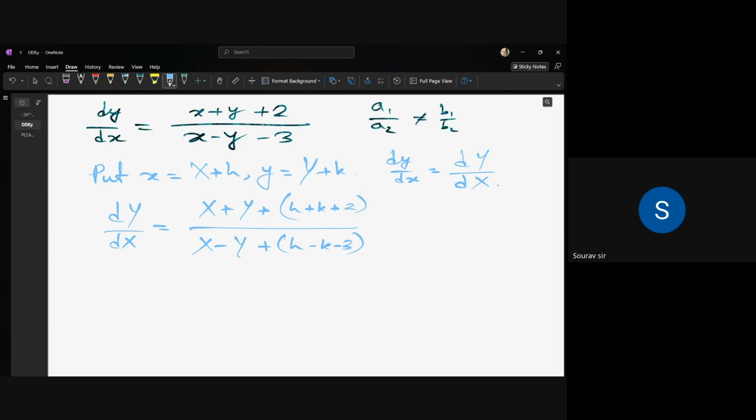Then we have to choose h and k such that these constant terms are 0. So how can we solve that? We are getting two linear equations here.